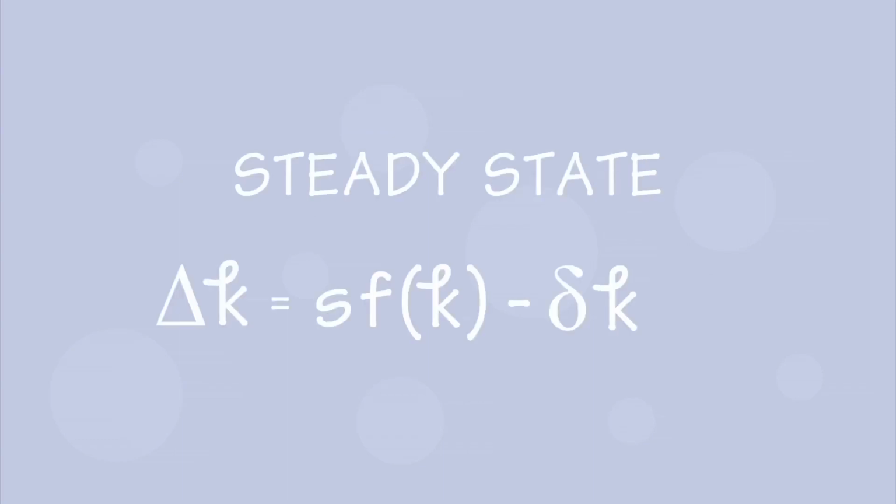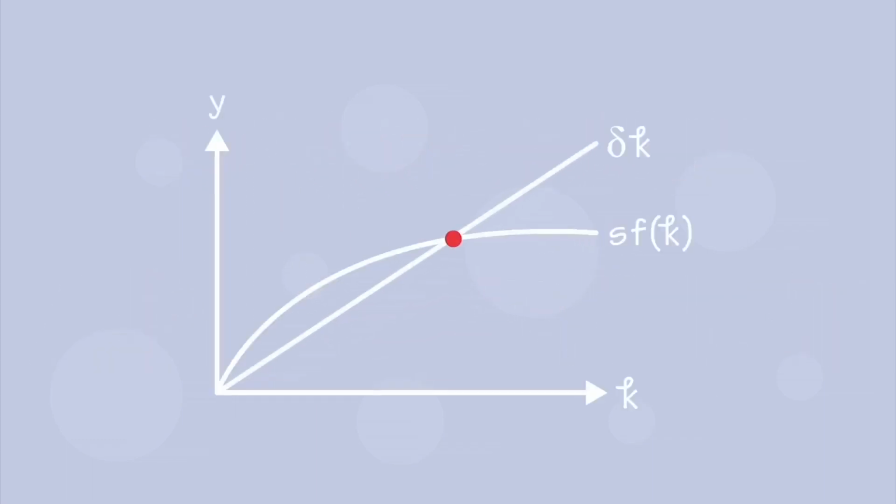The steady state is the key to understanding the Solow growth model. At this level, there is zero economic growth because there's just enough new capital to offset depreciation. Also, when we reach the steady state level of capital, we've also reached the steady state level of output.